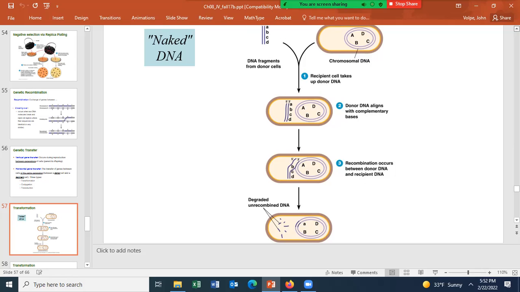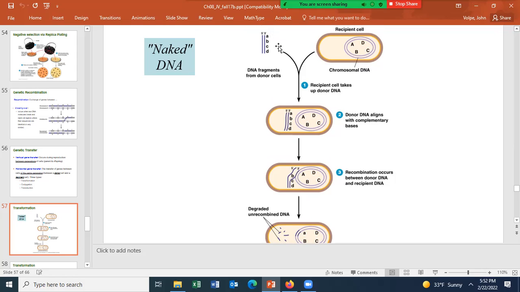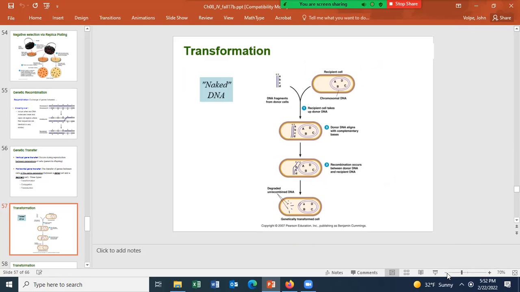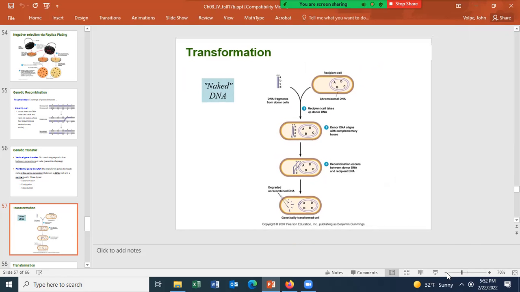The lowercase a was from the DNA that got taken up into the cell. This is transformation. Any questions about transformation?